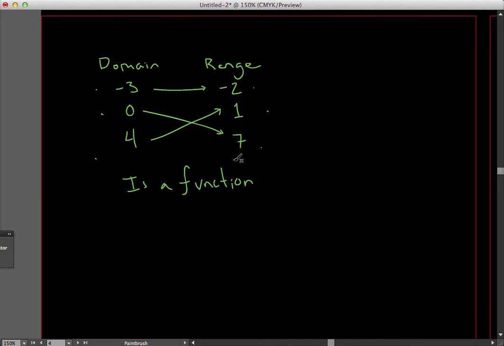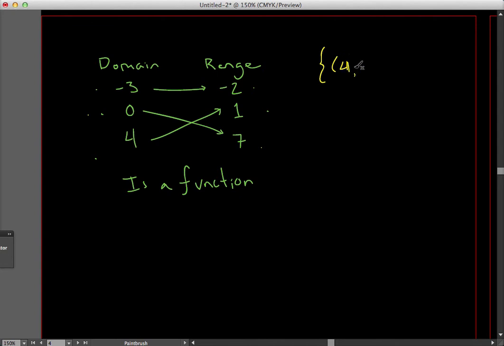All right. How about this? What if we were given a set? So I'm starting a set here, and we're given some ordered pairs. If you can remember the name of this over here, it's a mapping diagram, correct?